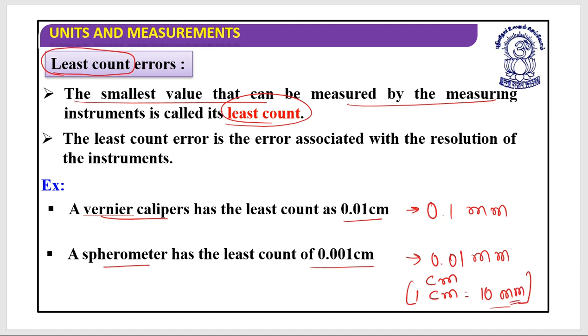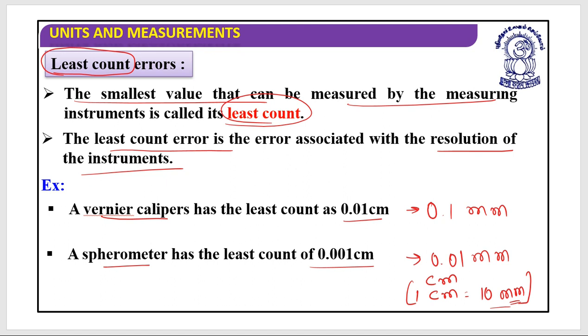So, you need to remember this least count. Okay, now what is the least count error? What we can say is that the least count error is the error associated with the resolution of the instrument. So these are the least count errors.